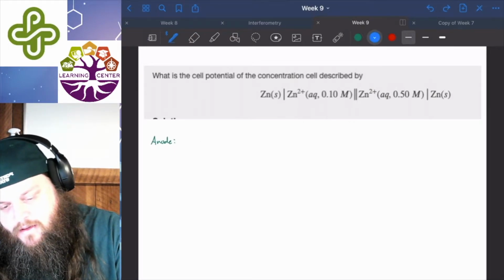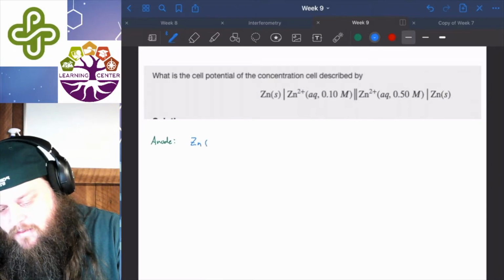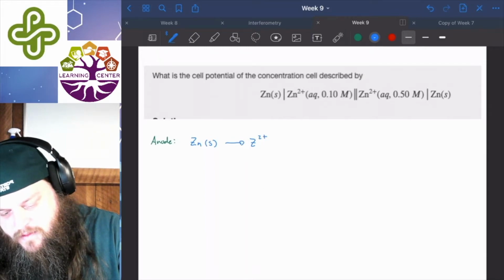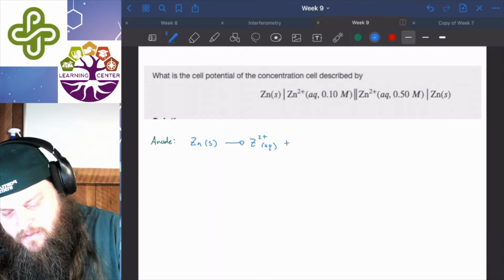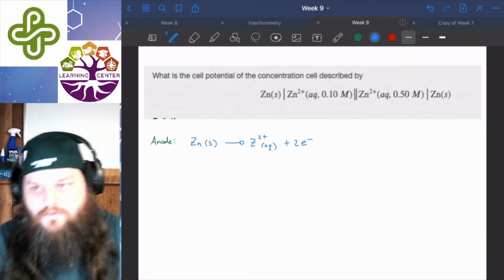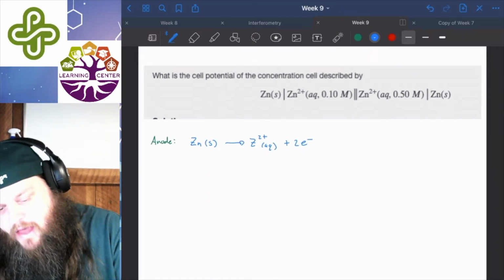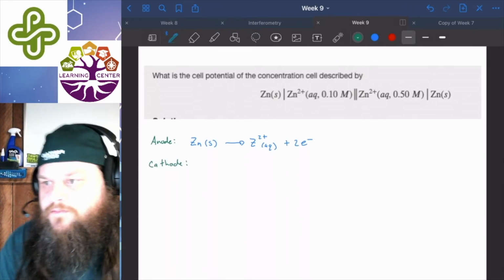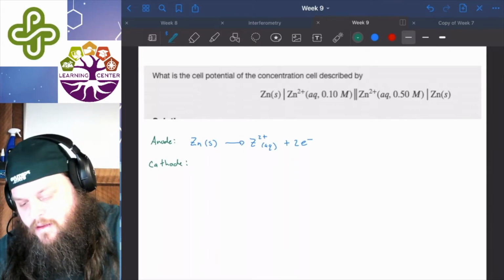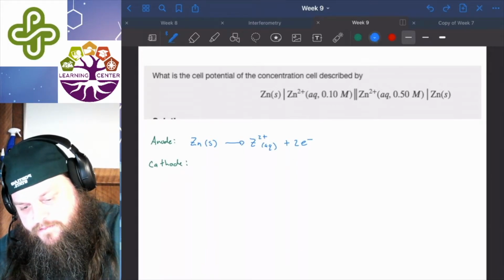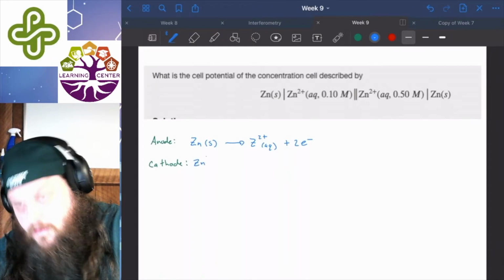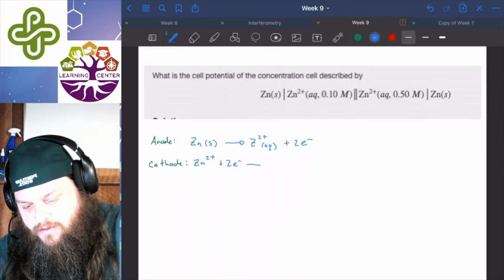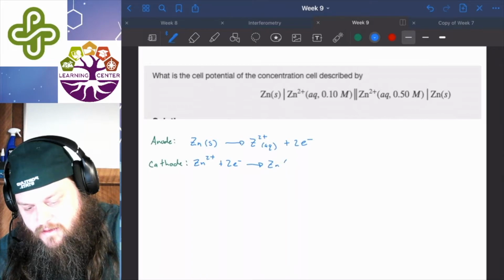That's going to be the zinc solid producing zinc 2 plus aqueous plus 2 electrons. The cathode is going to be the zinc 2 plus plus 2 electrons producing zinc solid.